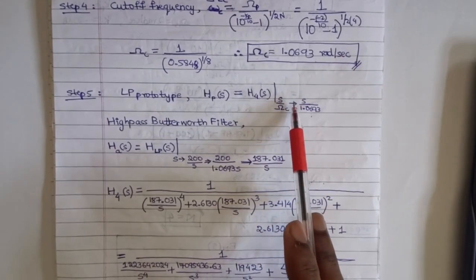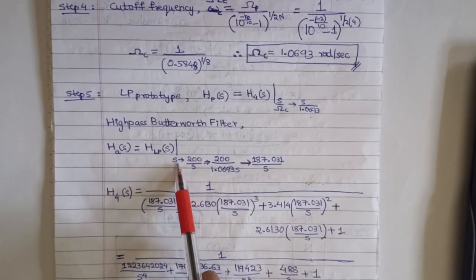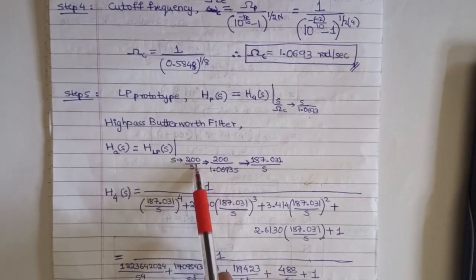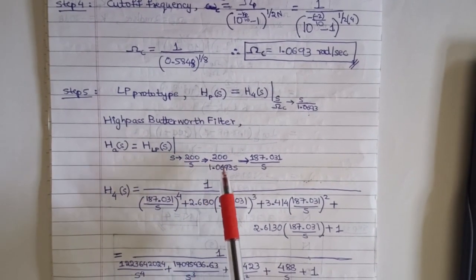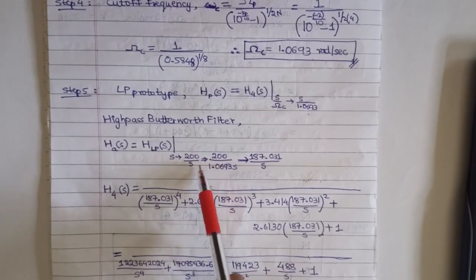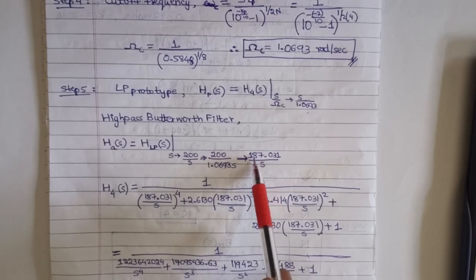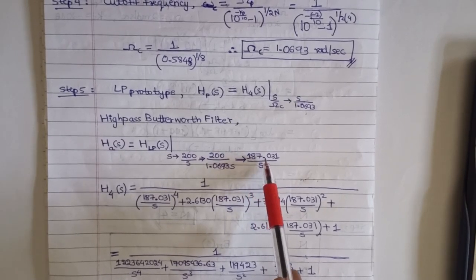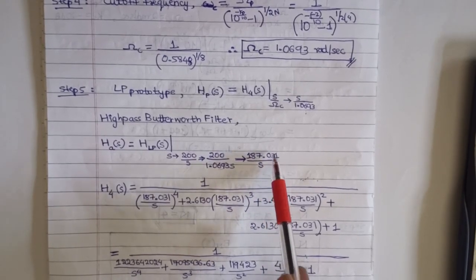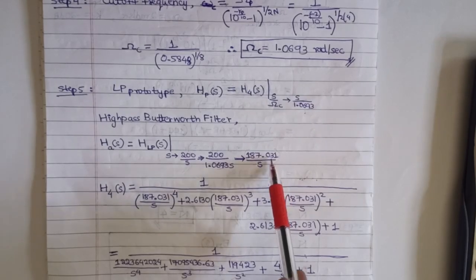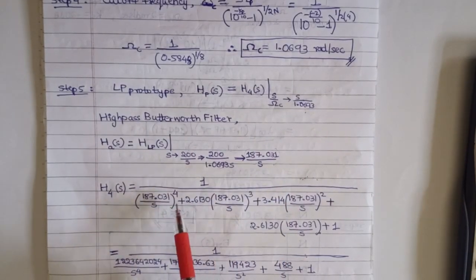To convert this low pass prototype into high pass filter, we substitute 200 divided by s, which is omega u divided by s. 200 divided by s over 1.0693, this is omega c, and finally we get 187.031 divided by s. We have to substitute this value in place of s in the transfer function.